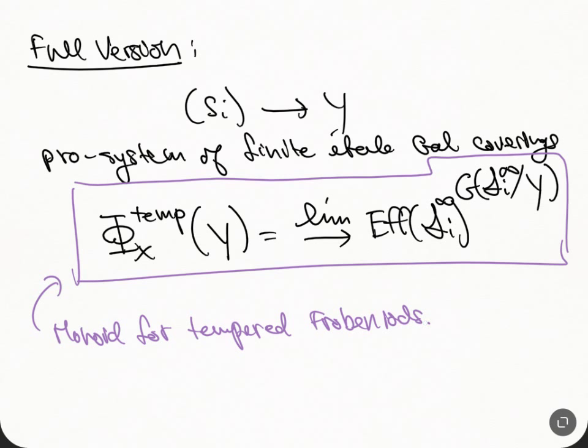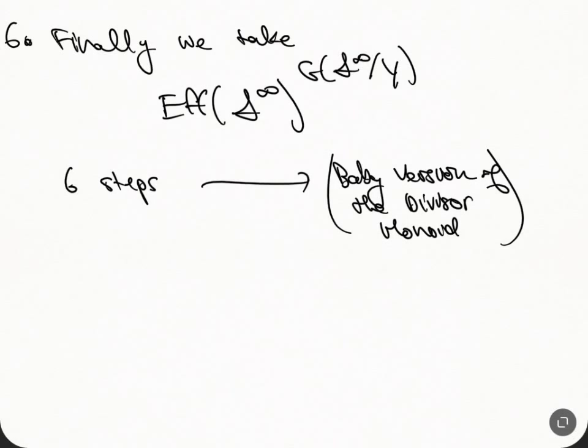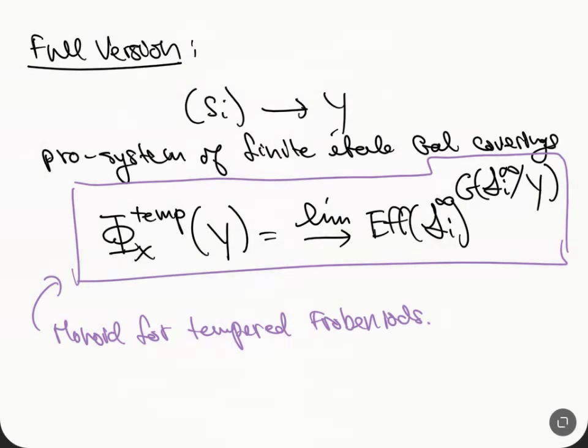Okay, so then there are some modifications. Sometimes we're going to have X be marked, so it's going to be a log structure. So then we're going to ask that these maps be, well, we have to do some modification for log structure.